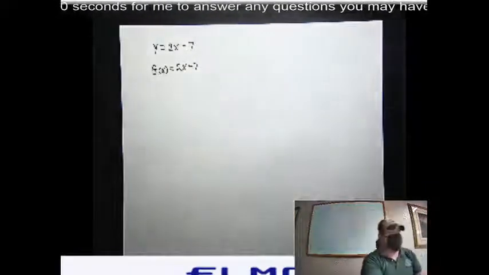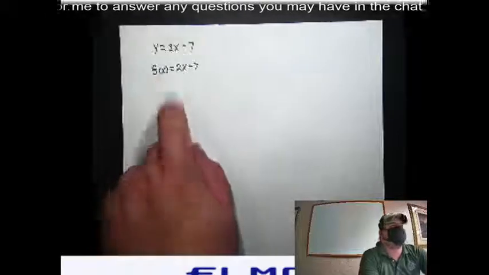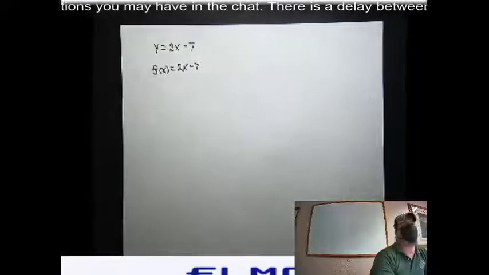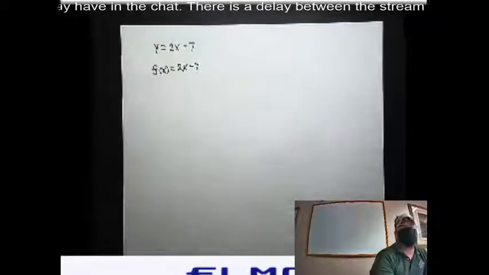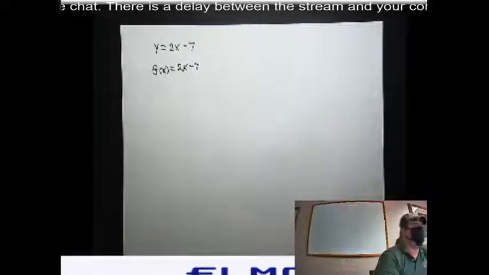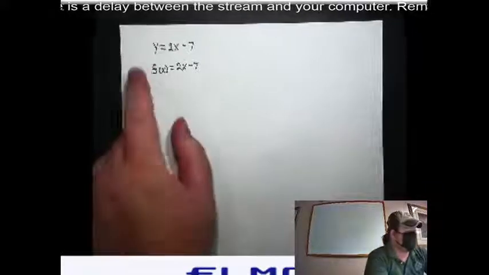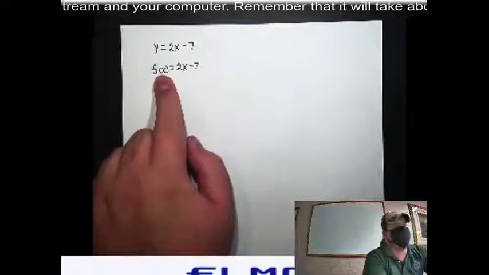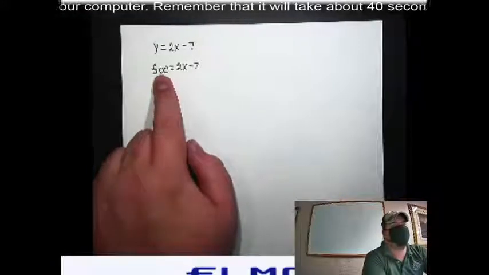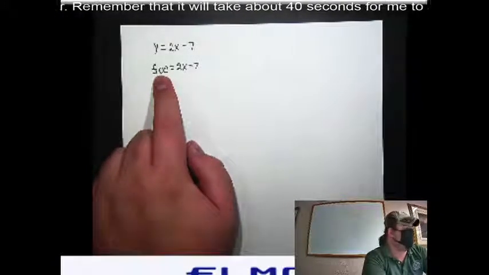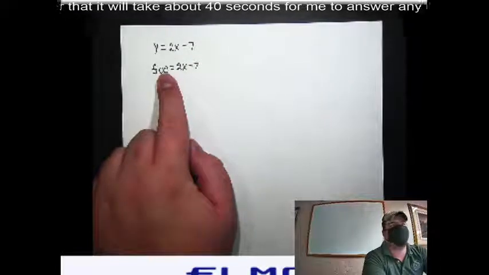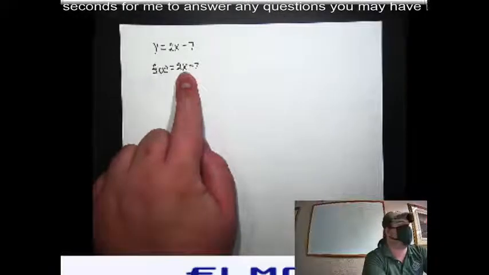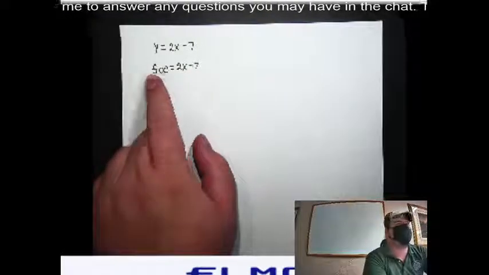F of x, this f with the parentheses and x inside of those parentheses, is basically just a name for our function. But in the name, it tells us a little bit about the function. So f tells us that this is the f function, and then the x tells us what we're plugging in. This is the thing that is varying in our equation, which makes sense. For this function, we'd be plugging things in for x, right? And then we'd see what we get out for y.